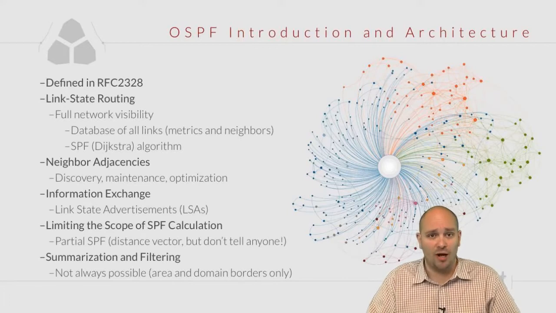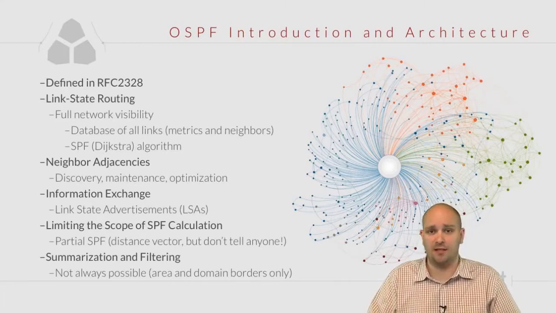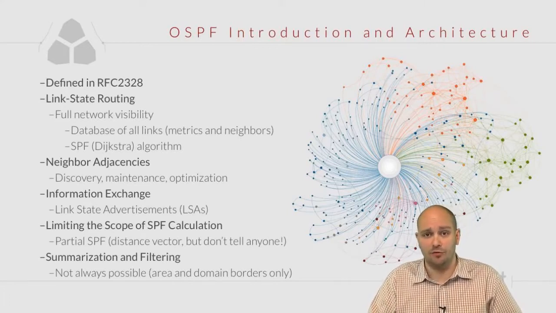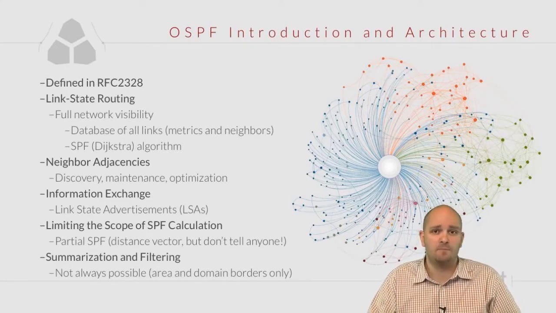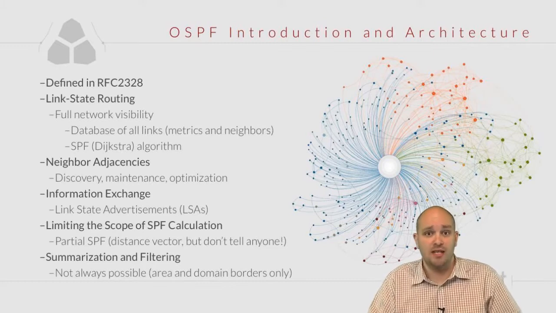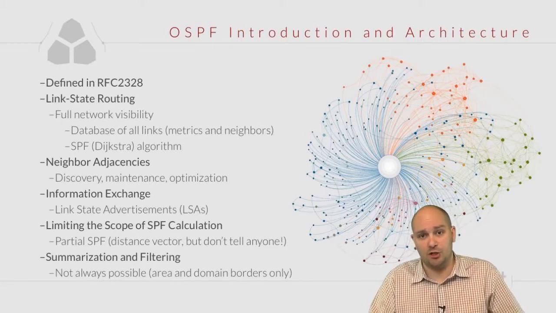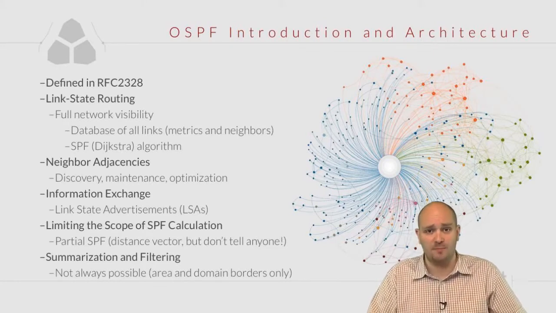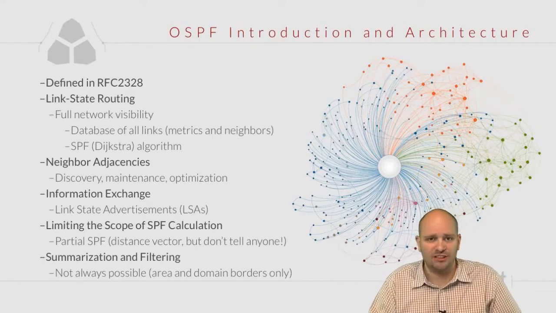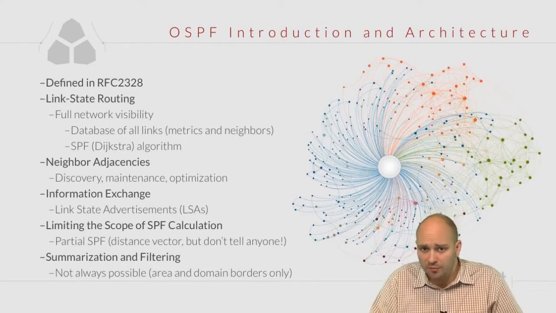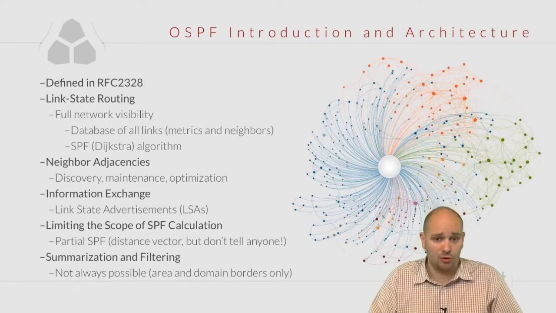The SPF algorithm, or Dijkstra algorithm, is a mathematical algorithm from graph theory, which is simply designed to find the shortest path that satisfies certain conditions. In our case, the smallest metric between two nodes in the graph without going through the same node twice.